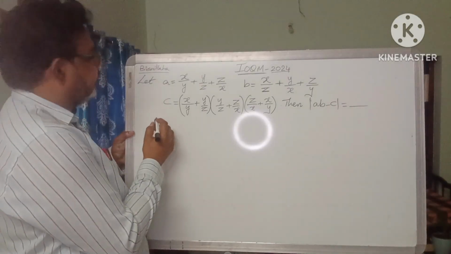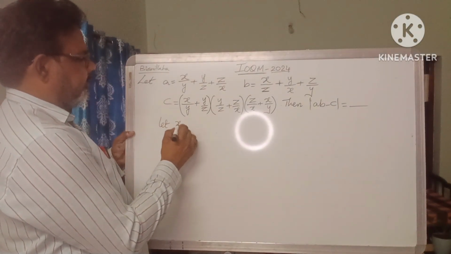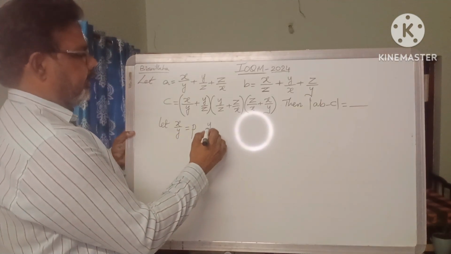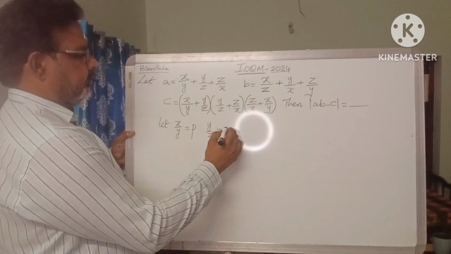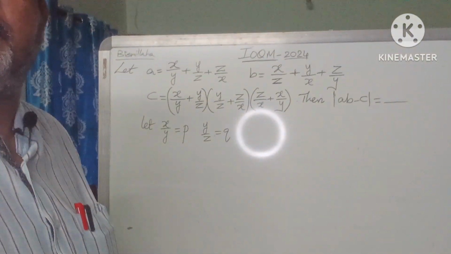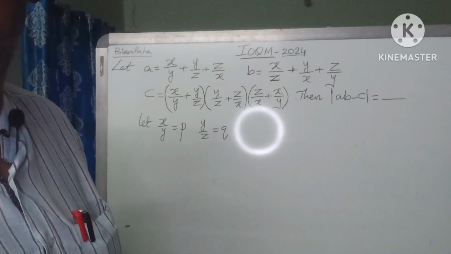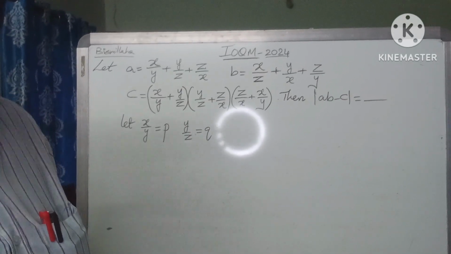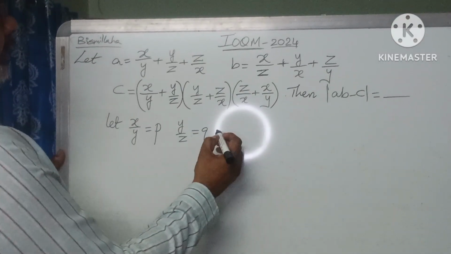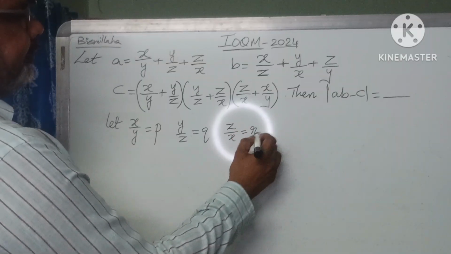So here let x by y is equal to p, y by z is equal to q, next z by x is equal to r.